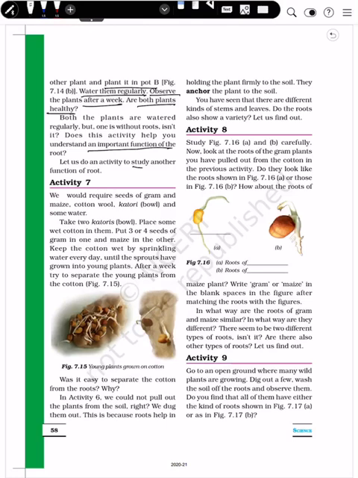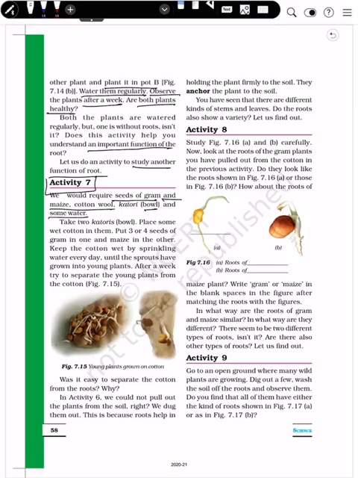Now, to study another function of the root, we will do one more activity, that is activity 7, and in this activity we require seeds of gram and maize, some cotton wool, a bowl and some water.